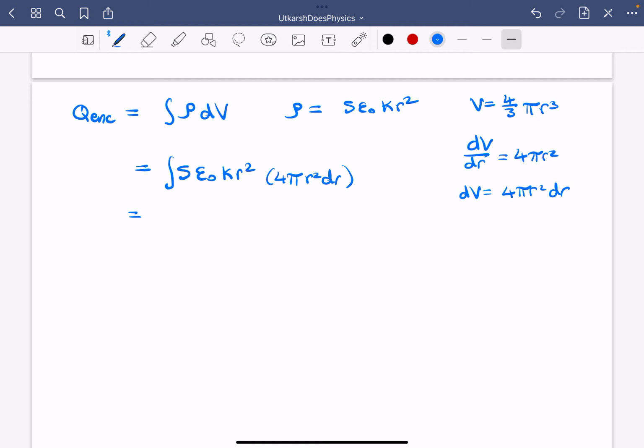So great, we have 5 times epsilon naught times 4 pi times k, integration of r to the 4 dr. And we're going from 0 to some arbitrary radius r.